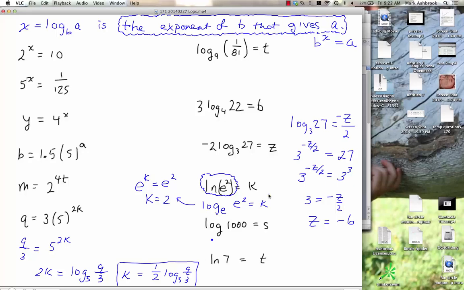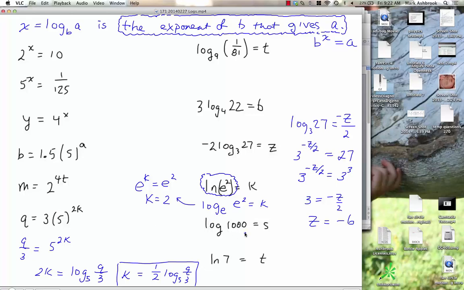What in general is this? If you see log with no number there, the number that's implied is 10. Therefore, it's an exponent of 10. This whole thing is the exponent of 10 that gives 1,000.